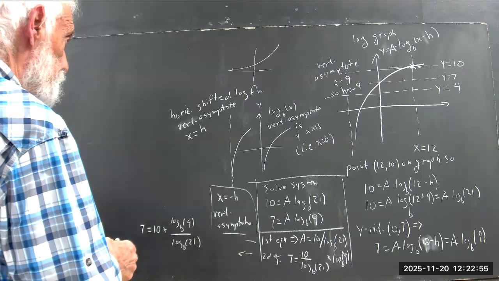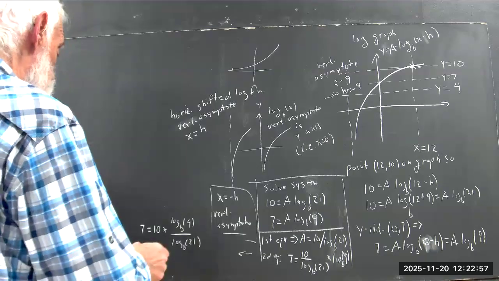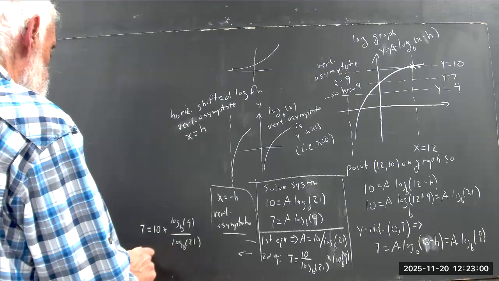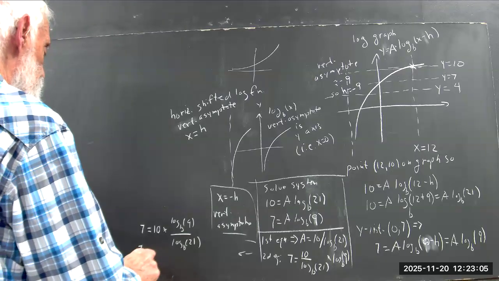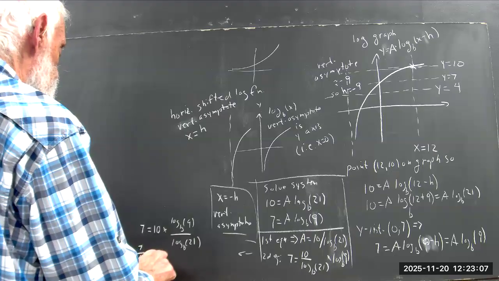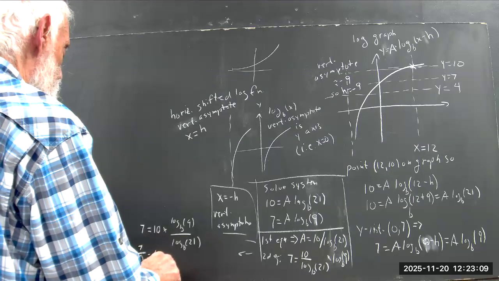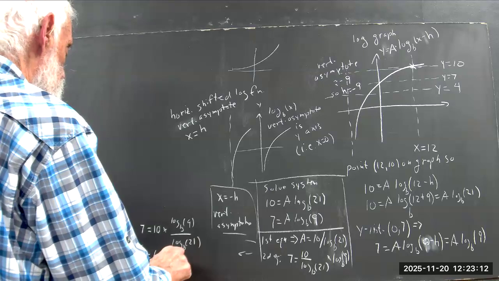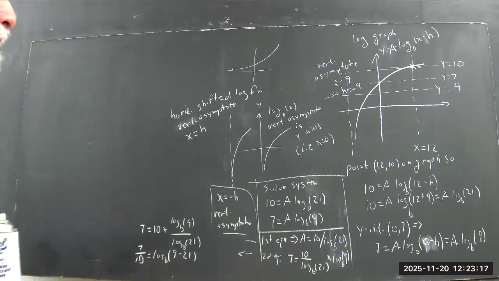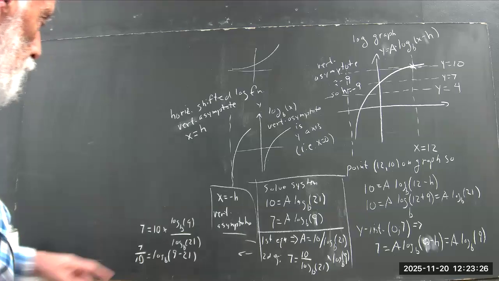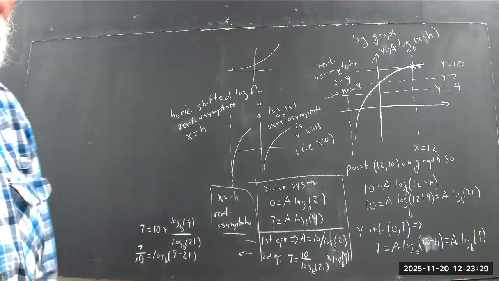I don't think so. Okay. Well, that means then divide both sides by 10, you get 7 over 10 equals log base b of 9 minus 21. And you can't take log base b of a negative number, so something's wrong here.